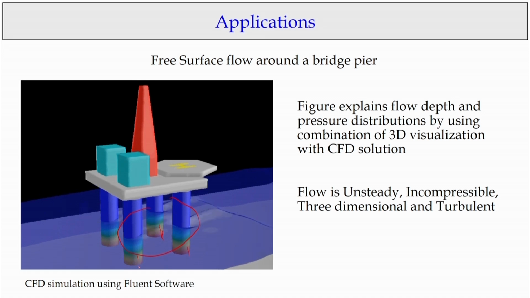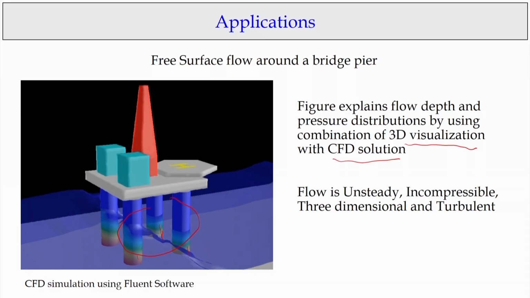This is possible in today's world because computational fluid dynamics solutions are available, as well as 3D visualization tools. So, you can feel like we have conducted an experiment in a flume to see the pressure distributions and the flow depth variations for a group of bridge piers, and how they interact with each other.